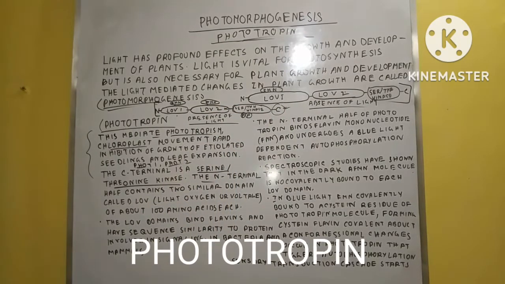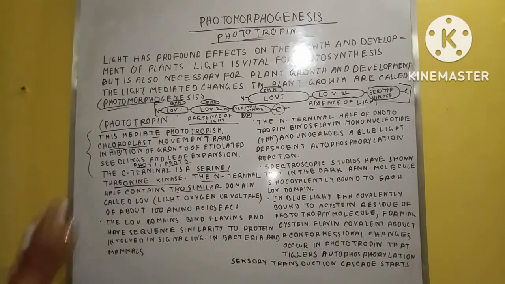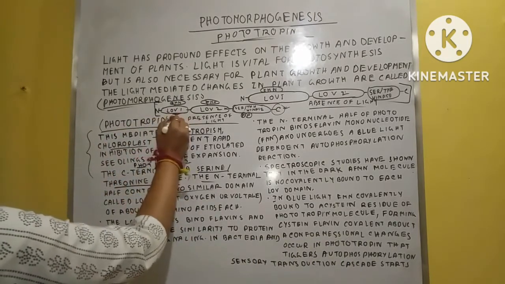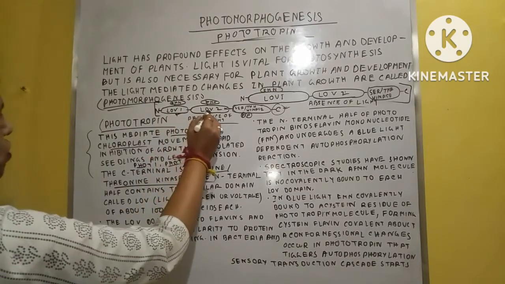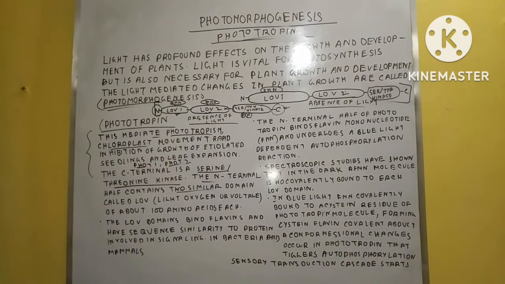The N terminal contains two similar domains. So LOV1 and LOV2, two domains, are generally attached to the N terminal region. Next, what is the full form of LOV?